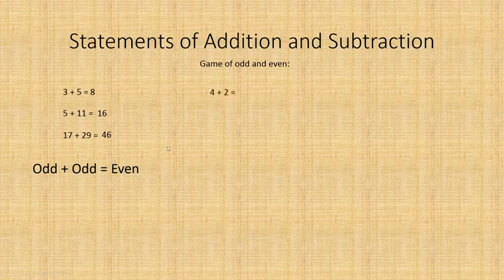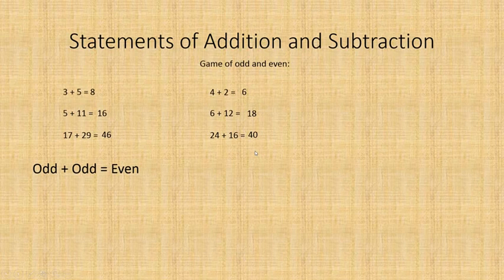So here, for example, 4 plus 2. 4 is an even number plus 2 is an even number, which equals 6. 6 is another even number. And if you go to the second question, 6 plus 12, 6 is an even number and 12 is an even number, so the answer must be an even number, which is 18. And here 24 plus 16 equals 40.